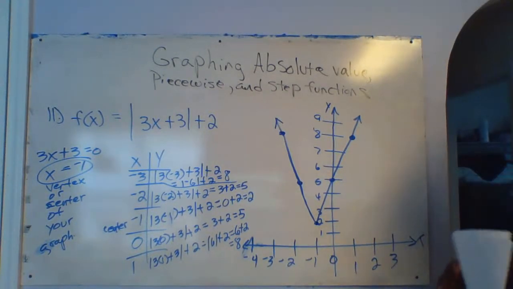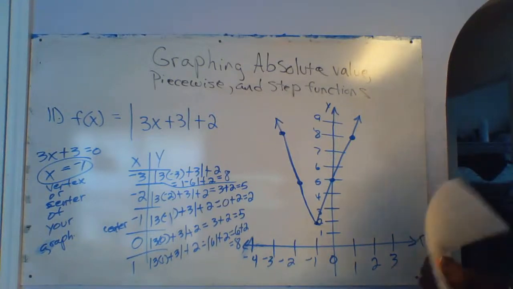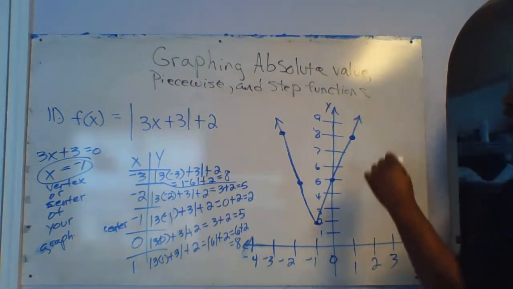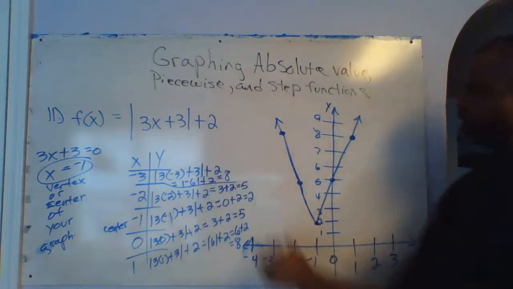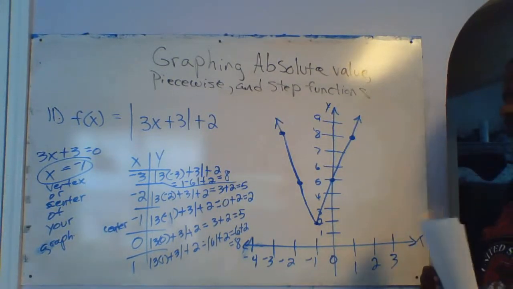Again, your quadratic function will be a U shape, but anytime you have an absolute value function, it should look like a V.